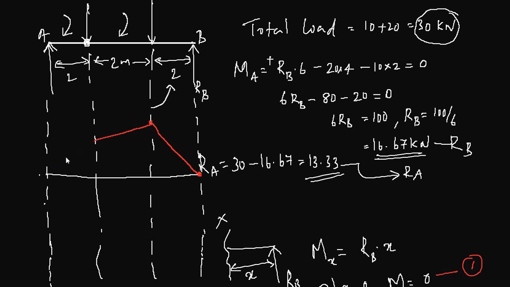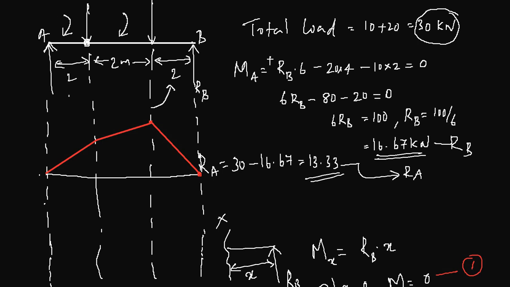Just bear with me, let me make this right. So that is a straight line. Let me draw these all as straight lines. One here, and you have 26 here, and you have 0 here.